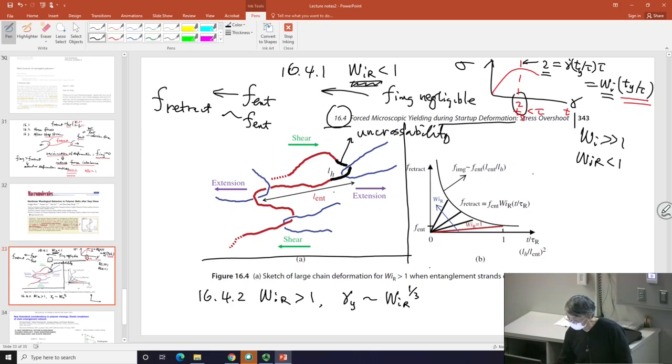Okay, so if you plot your stress as a function of gamma, then basically you will reach a gamma peak, and that gamma peak scales with the applied rate to the 1/3 power. Something we discussed in enough detail in chapter 7.